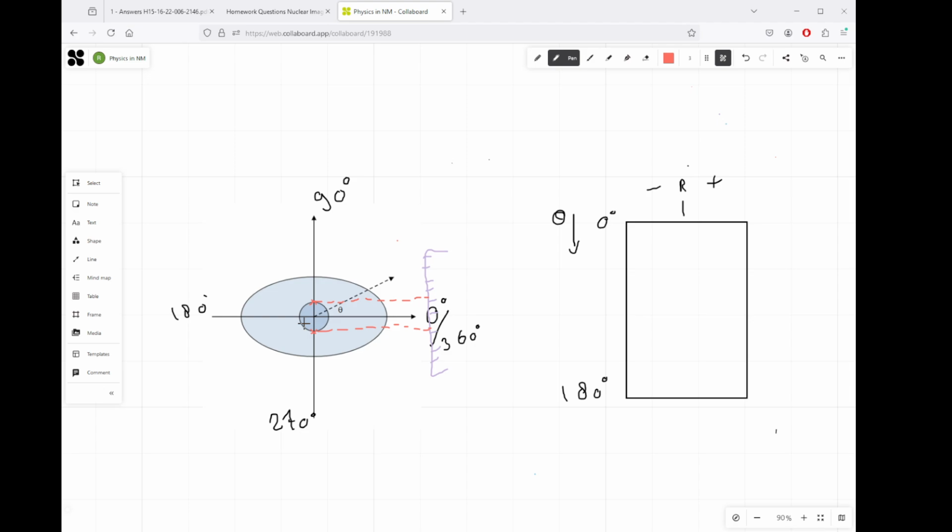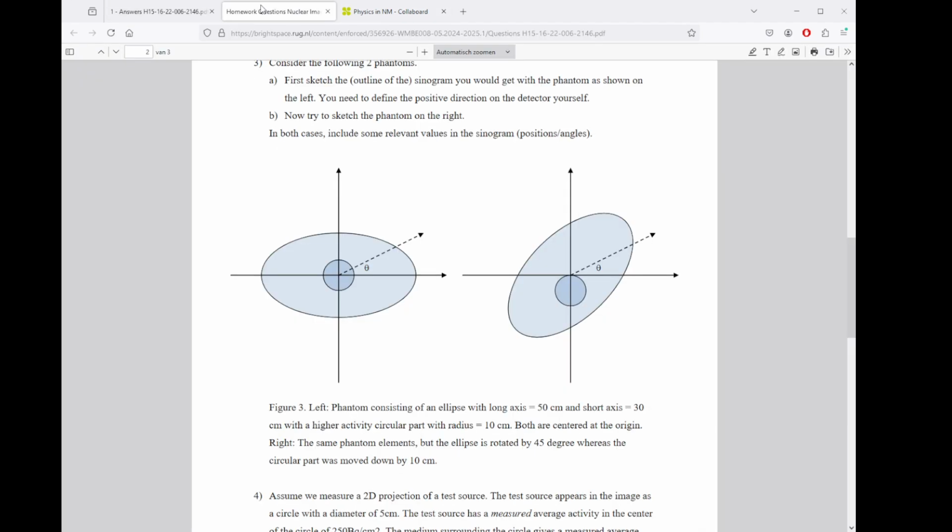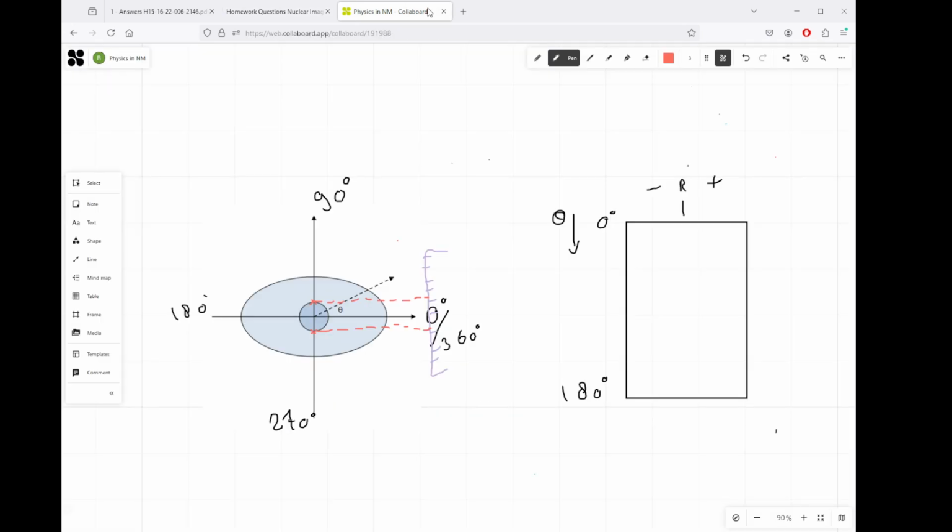So we have a value at plus 10 and a value at minus 10. I'll put it in here: this is minus 10, and here plus 10. So the marks are over here and here.